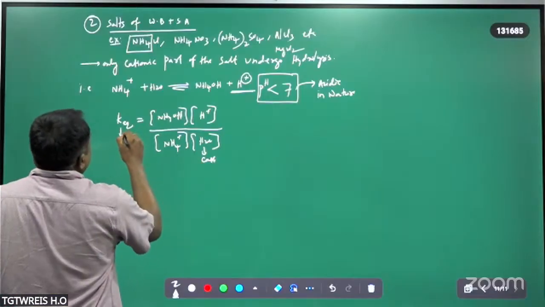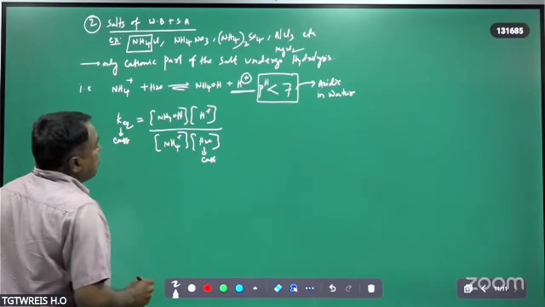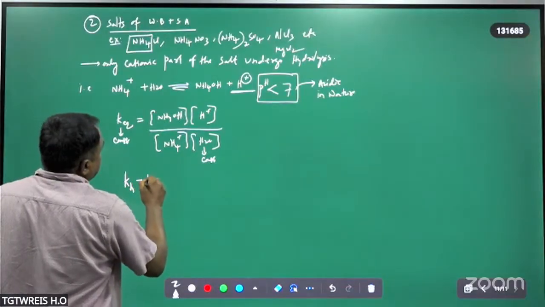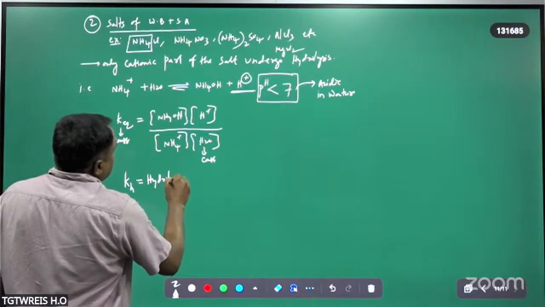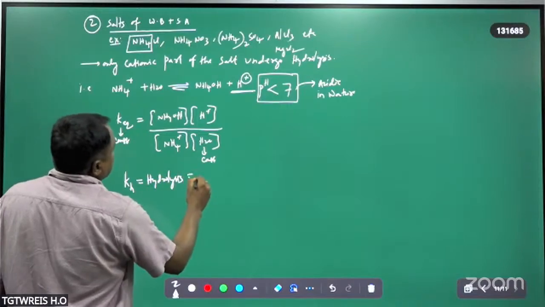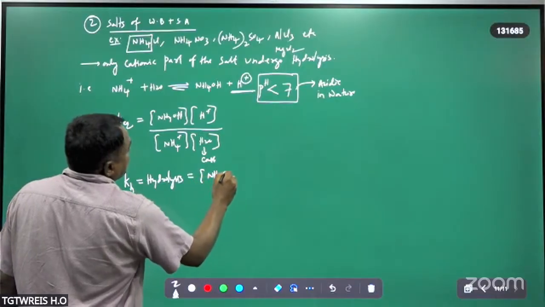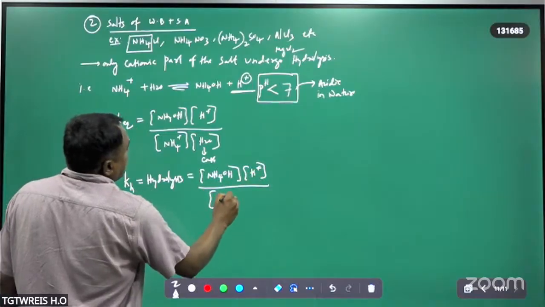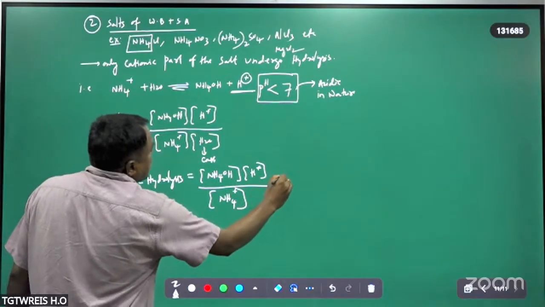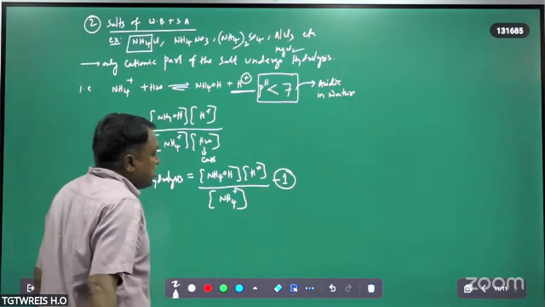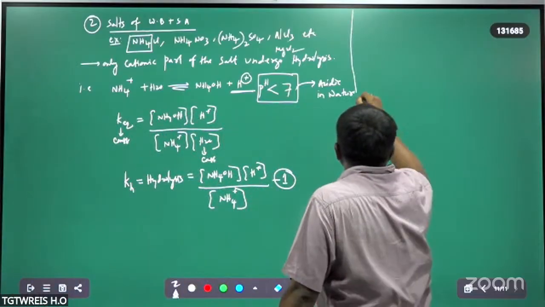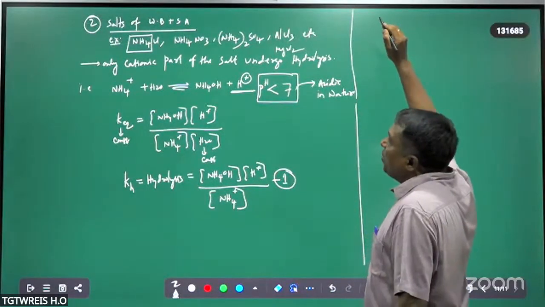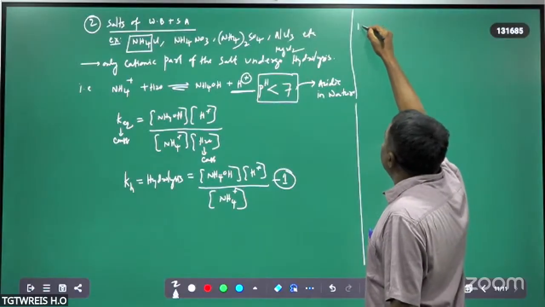So constant into constant gives another constant, that is the hydrolysis constant. Kh is the hydrolysis constant. So the hydrolysis constant is equal to NH4OH into H plus by NH4 plus. This is equation number 1. Next, take the ammonium chloride salt. Ionization of ammonium chloride.